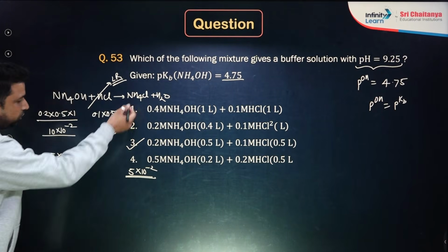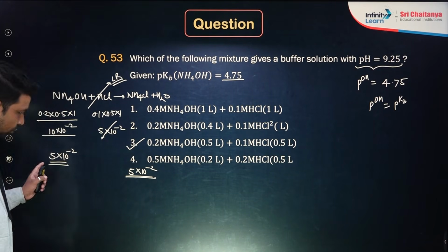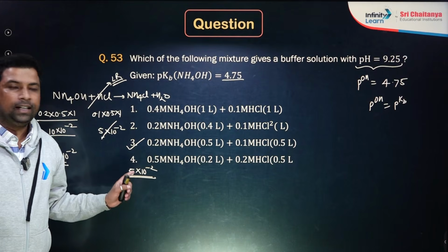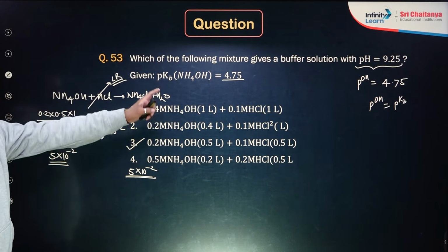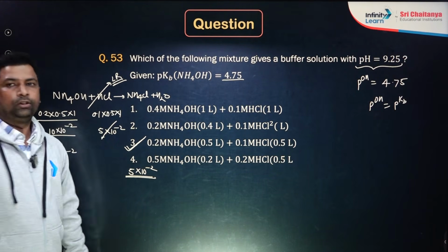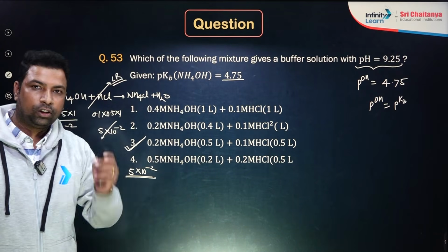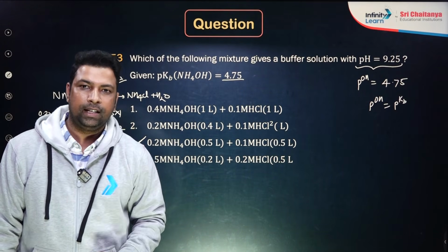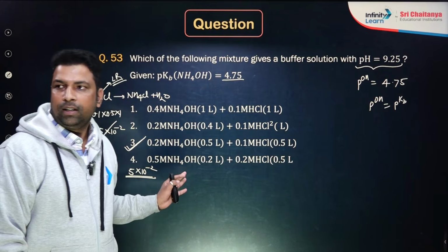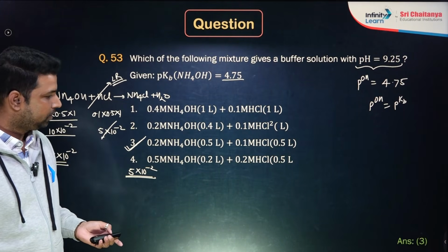So you can see salt and base both have similar concentration. It means it can form an ideal buffer and the answer will be third. So you just have to check the ideal buffer. The key concept was that you have to recognize what an ideal buffer is and how to calculate it. So the third option.